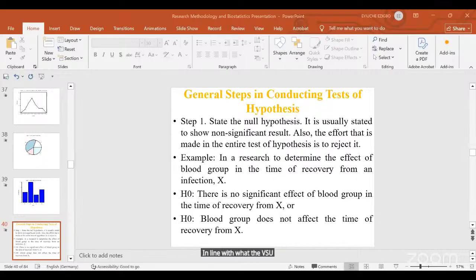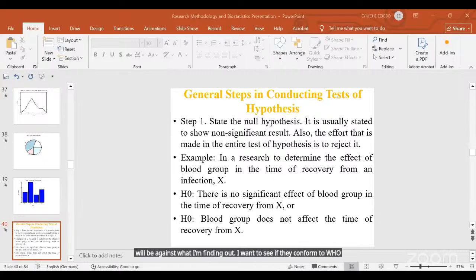Is it not so? That if their proportions are the same, then they don't do what? Conform. The null hypothesis for this research will be what? Against the WHO standard. Do you understand? As a result, the null hypothesis will be against what I'm finding out. I want to see if they conform to WHO standard.